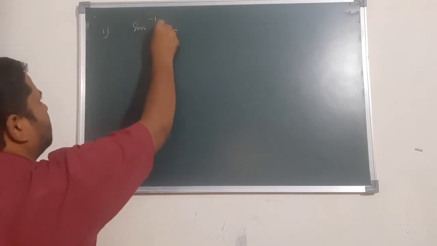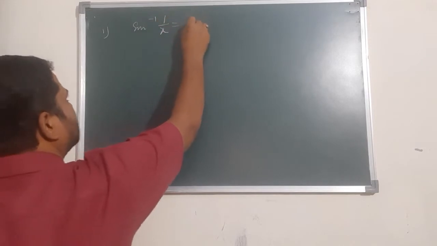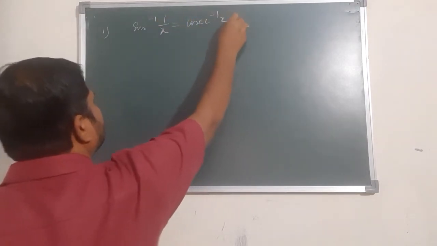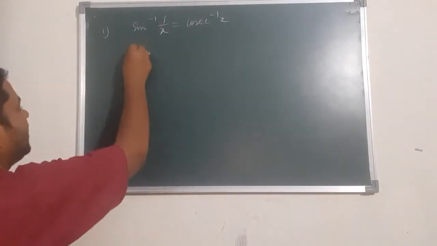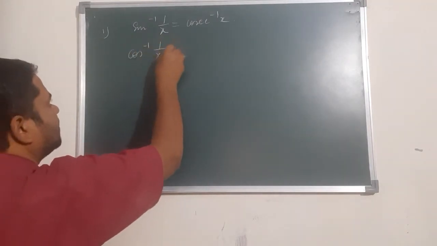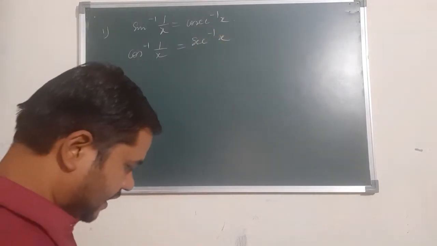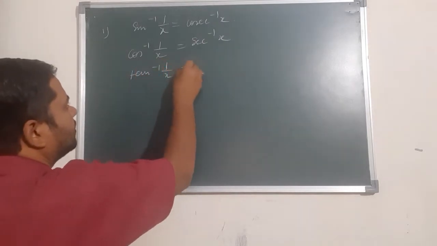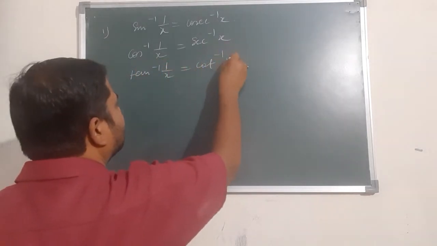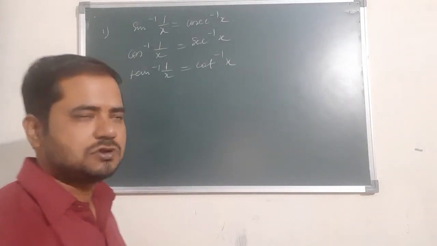First one, from the book, is sine inverse 1 upon x, this is cosec inverse x. Next, second, cos inverse 1 by x is sec inverse x, and tan inverse 1 by x is cot inverse x. So one of them I will show here, the rest of them you have to solve.